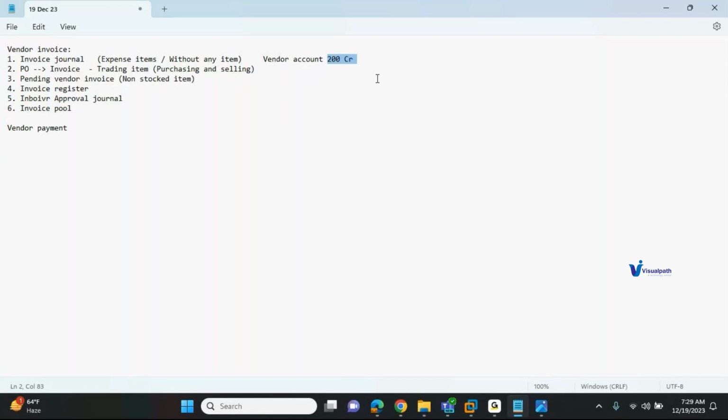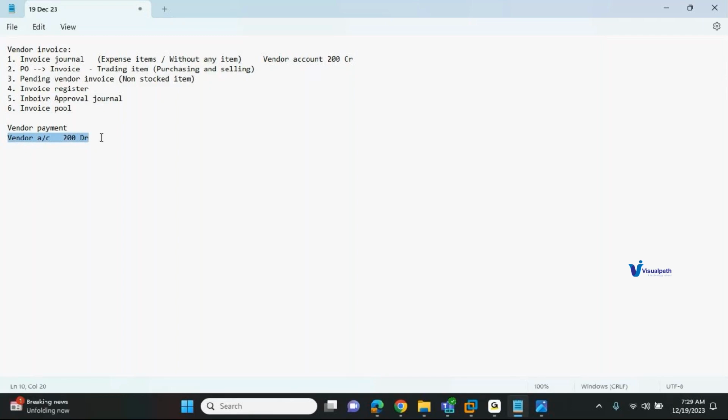Credit, creditors. Once you do the vendor payment, the vendor account will be debited. Then the balance will become zero. If you do payment, it updates the vendor account debit.